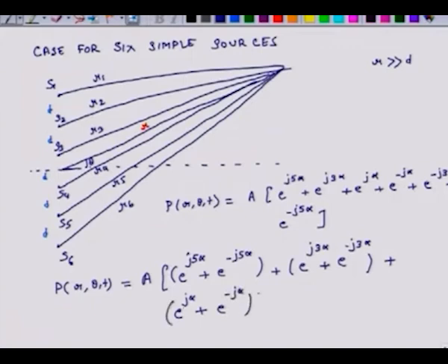And then I am going to multiply and divide it by the same term as I did in earlier expressions, and this term is e to the power of j alpha minus e to the power of minus j alpha.